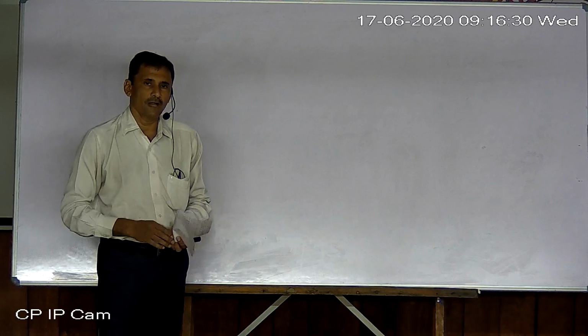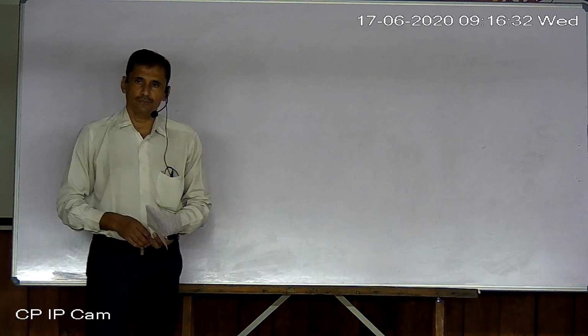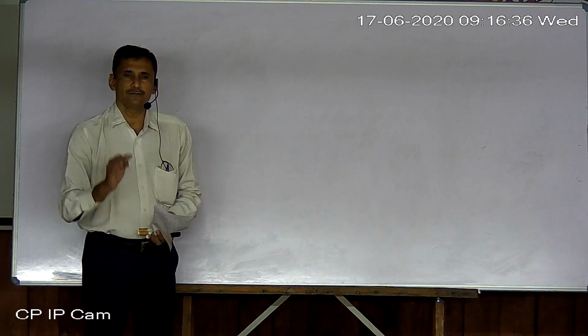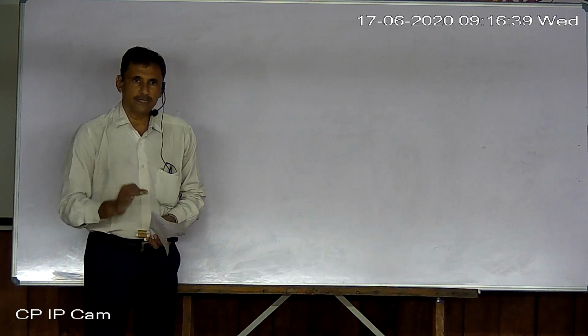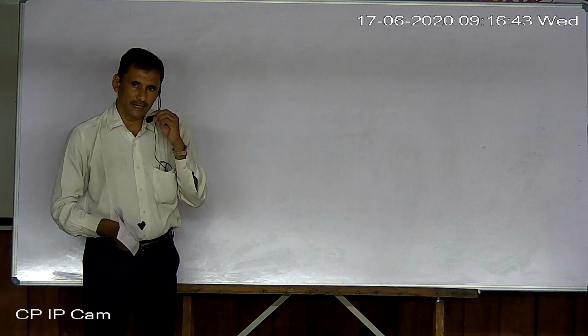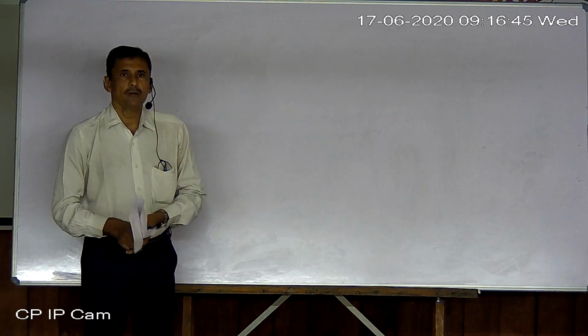If you want to find the zero of a given polynomial, at that time you have to factorize that given polynomial, and particularly if it is a quadratic trinomial, you have to factorize it.